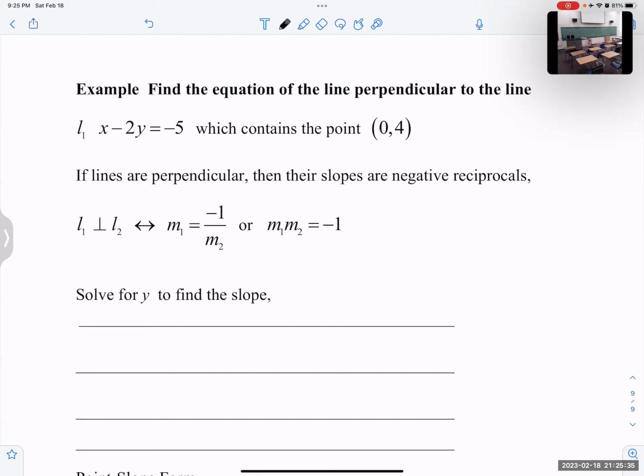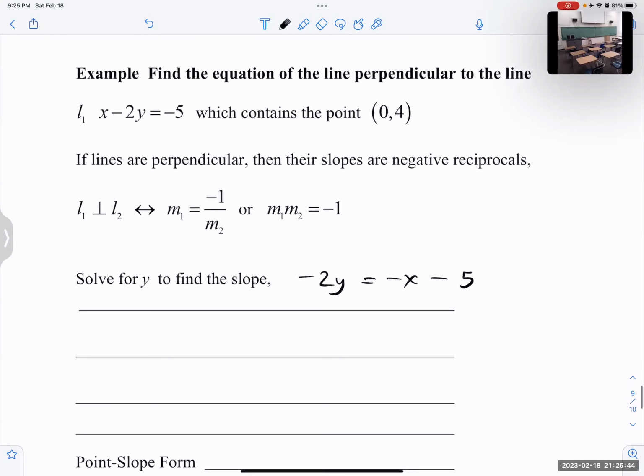So we have negative 2y equals -x minus 5. We multiply all terms by -1. That will change the sign on all terms. So positive 2y equals positive 1x plus 5. Divide by 2.